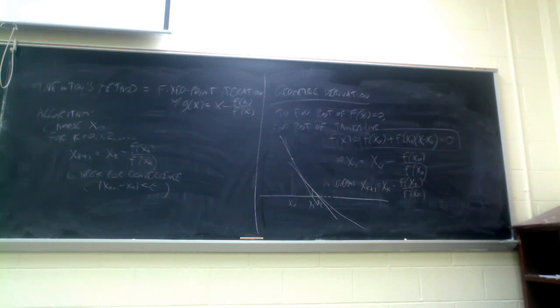All I can say is we see from this it is at least superlinear. We have not ruled out quadratic. But this part I didn't really cover last time: to prove quadratic, you have to look at this error over the previous error squared.